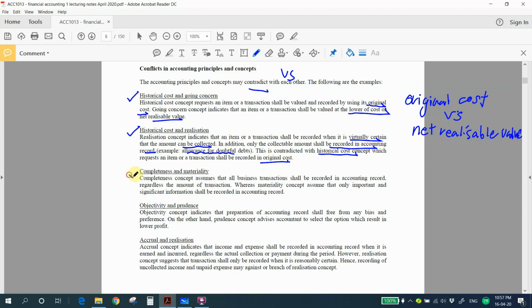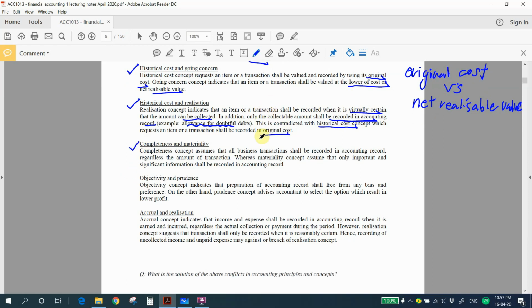Next, completeness and materiality. According to the completeness concept, we assume that all the business transactions shall be recorded. Completeness says that all the transactions shall be recorded. However, according to the materiality concept, only important and significant transactions shall be recorded.